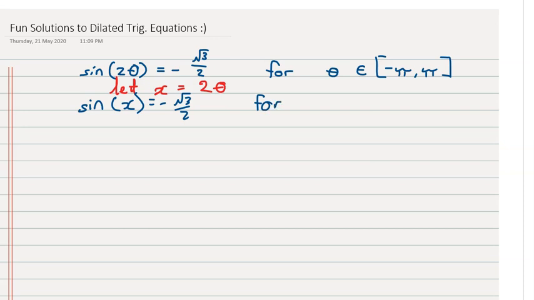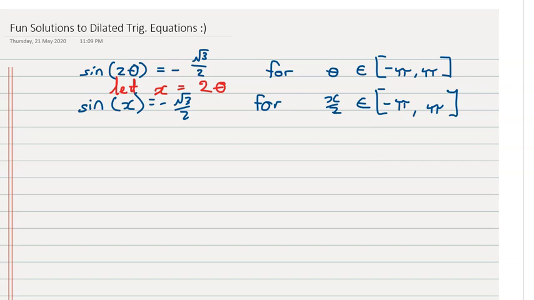We're no longer talking in terms of theta, we're talking in terms of x over 2, and negative pi and pi. And the reason I write x over 2 is because x equals 2 theta, so a single theta is half of an x.